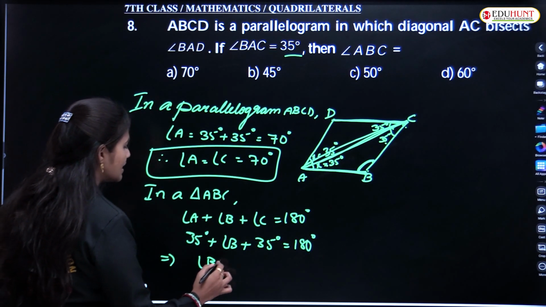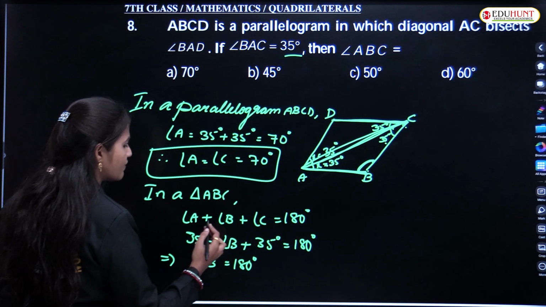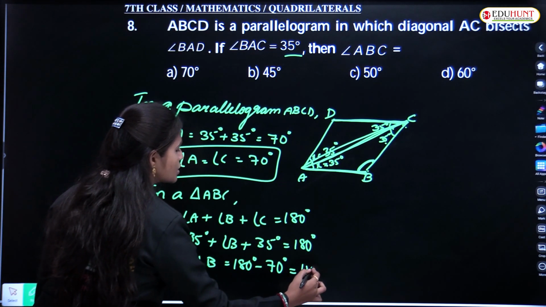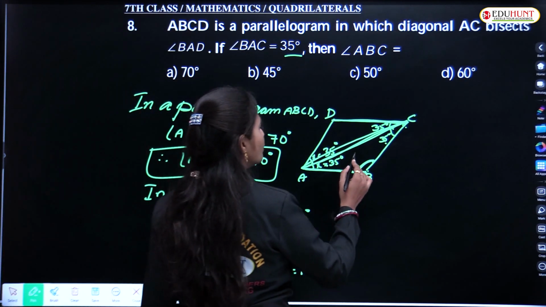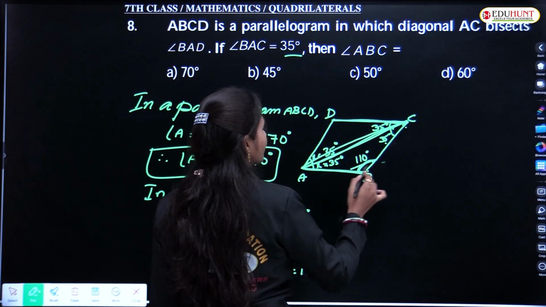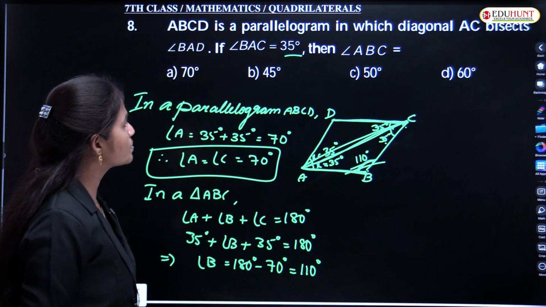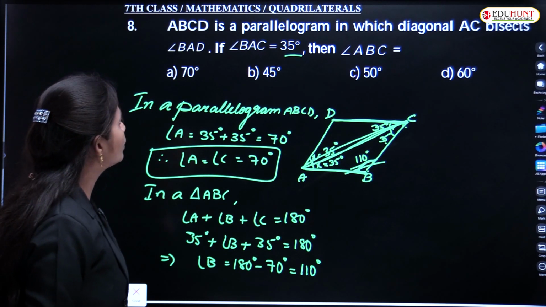So angle B is equal to 180 minus 70, since 35 plus 35 is 70, which is 110 degrees. So angle B is equal to 110 degrees. Is it clear, children? That is what we needed to find. So which option is correct? Here angle B is equal to 110, the option is not given.